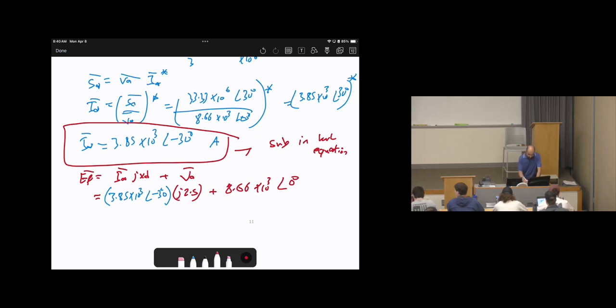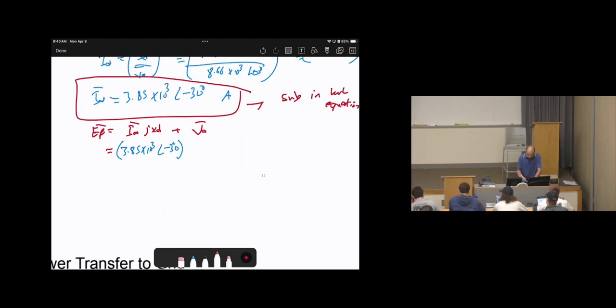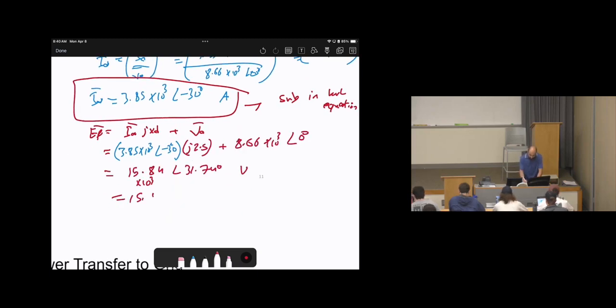Then EF will be 15.84, angle 31.74 degrees, times 10 power 3 volts. Or in other words, in kilovolts, 15.84, angle 31.74 degrees, kilovolts. This is EF.